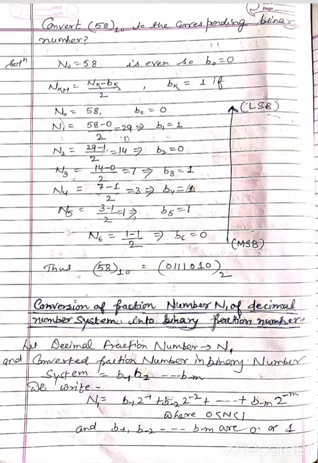In the previous lecture, we were studying the conversion of a decimal number into a binary number. As we have discussed, a number has two parts. One part is the integer or non-fractional number, and the second part is the fractional number.